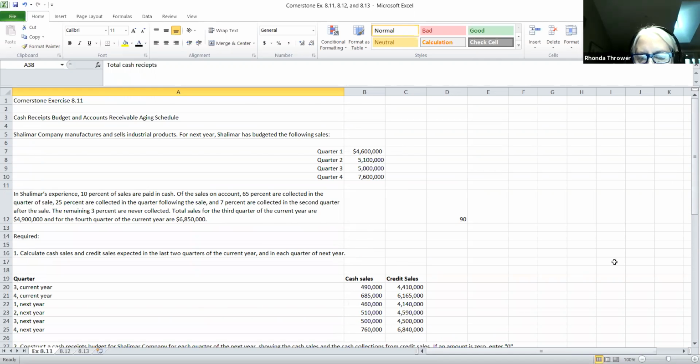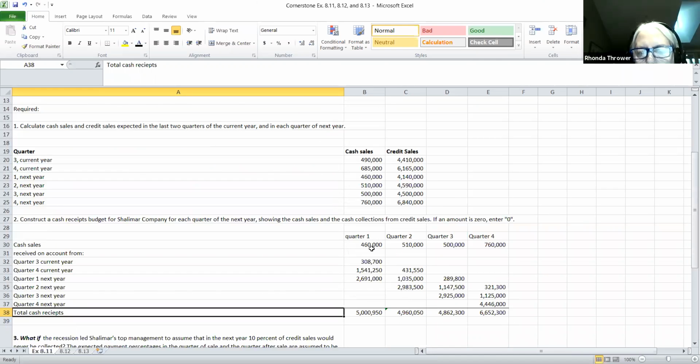So 10% of those were 460,000, and that is what goes in this blank here. You're showing what's happened in quarter one, quarter two, quarter three, and quarter four of next year. So in quarter two, we'd pick up the 510,000. Quarter three is 500,000, and then quarter four was 760,000.